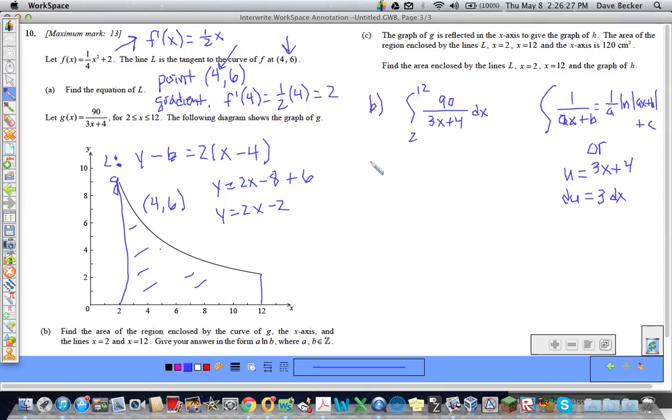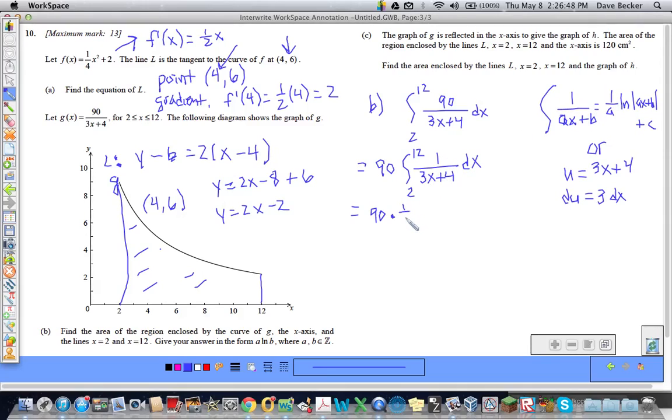Either way, this is going to turn into 90 times the integral from 2 to 12 of 1 over 3x plus 4. Factor out the 90. So that's 90 times, using this formula, 1 over a. My a is 3.